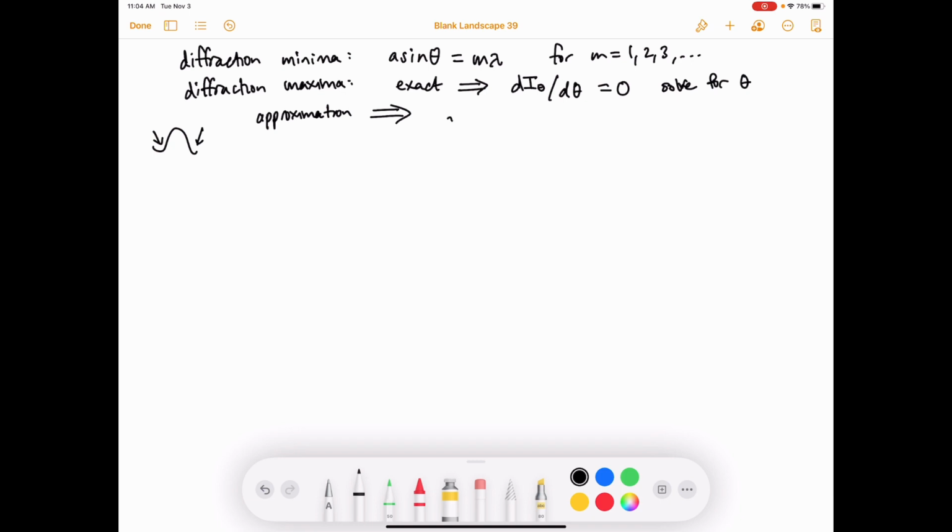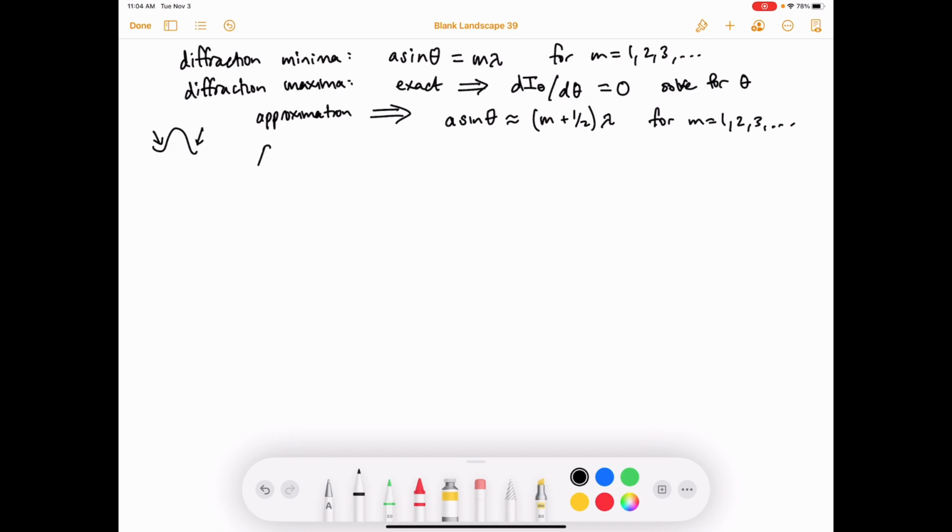So we can say a sine theta is not just an integer times lambda, but a half integer times lambda, m plus a half times lambda. Again, m taking the values 1, 2, 3, and so on. Okay, so that's easier to work with, and it works pretty well, so let's go with that.